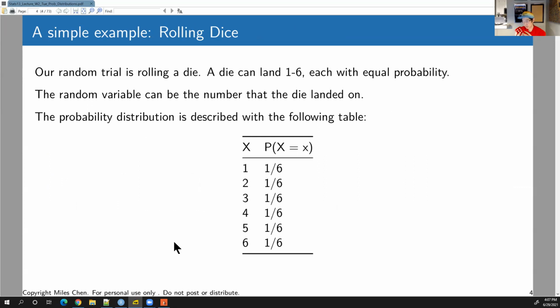The random variable will be whichever side lands face up. The probability distribution associated with this random trial is this: the outcomes can be any of the numbers 1 through 6, and the probability of each of those outcomes is 1/6, assuming this is a fair die and each side lands with equal probability.